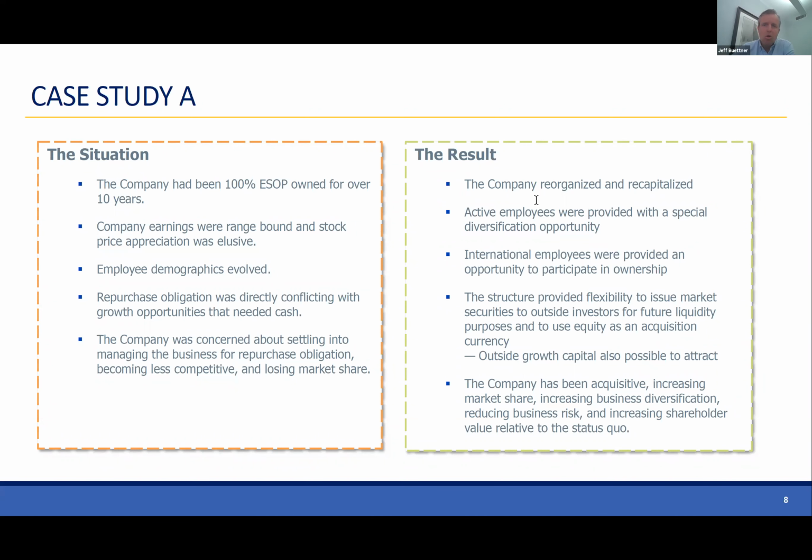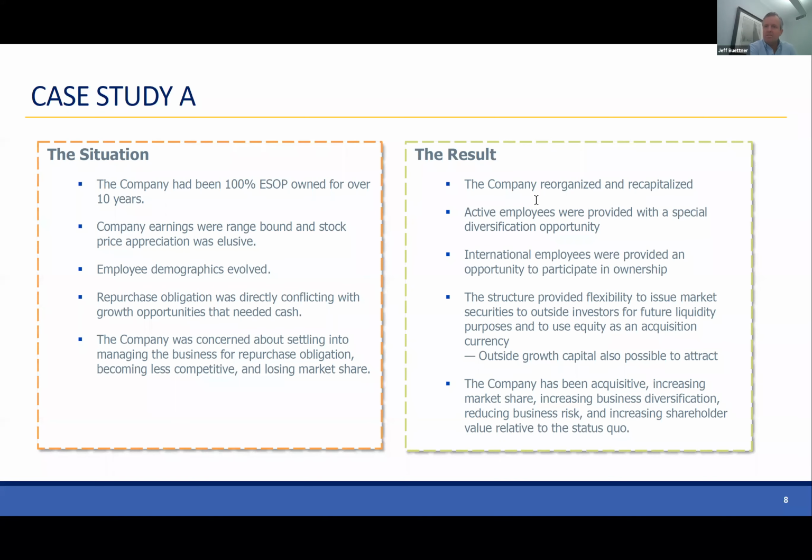It allowed those folks to roll over those dollars into a 401k. Obviously, that helped with the diversification issue, and allowed folks to capitalize on the value that had accumulated in their ESOP retirement accounts, and then make that concern less of an issue at the board level.